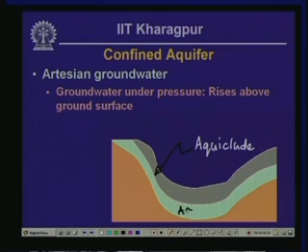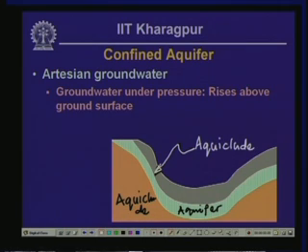Then our aquifer in this case is sandwiched between two layers of aquicludes. So this one is also another unit that fits the definition of aquiclude. So the aquifer in this case is a confined aquifer.